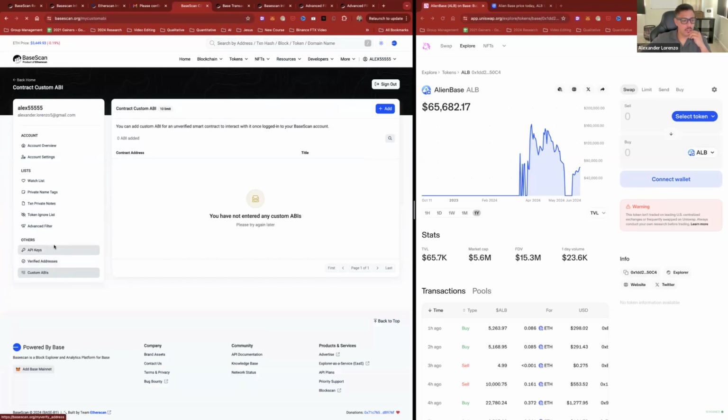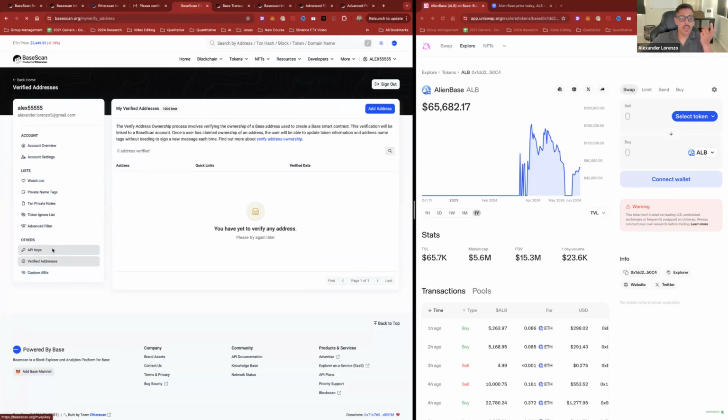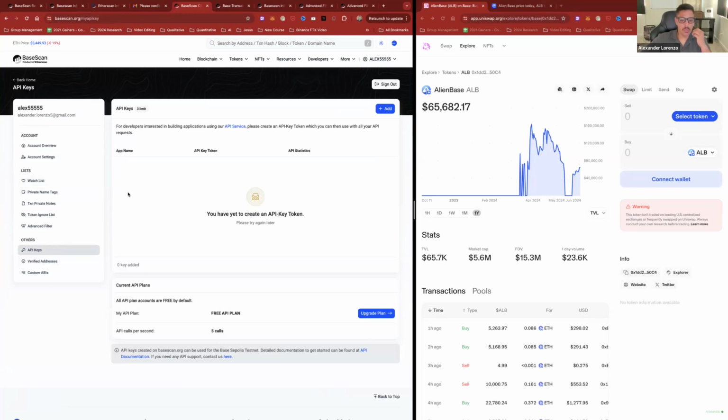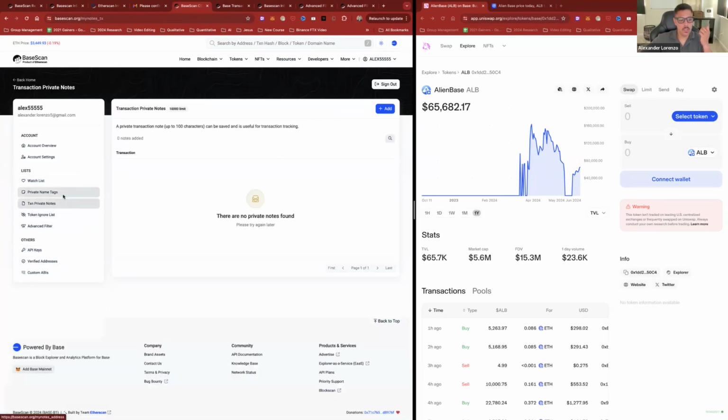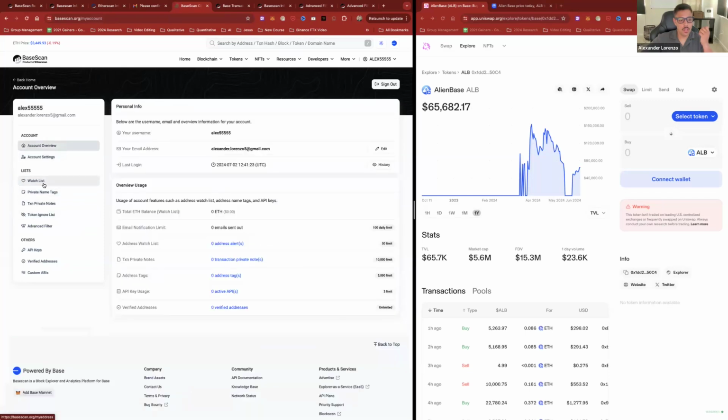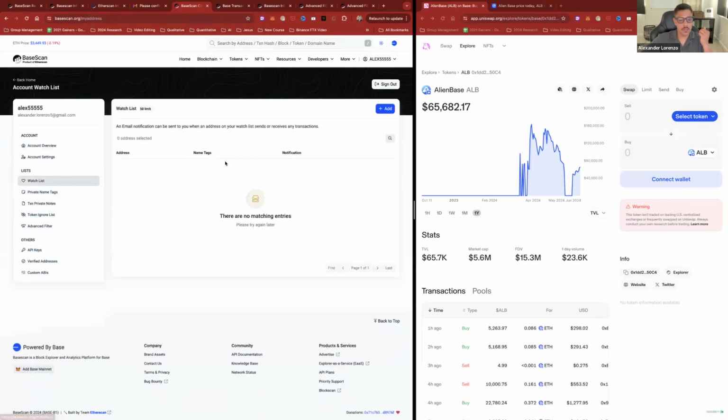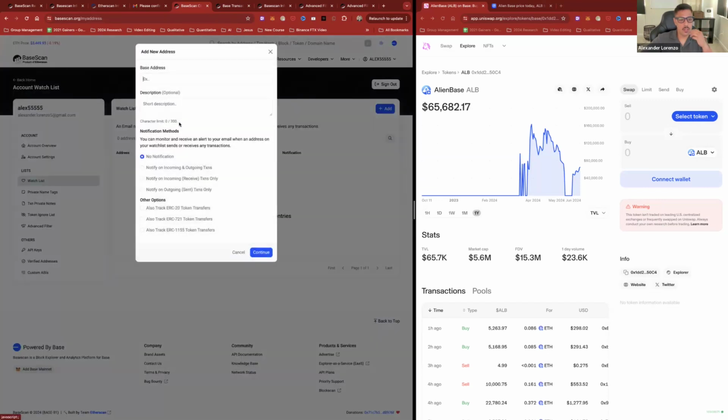Oh, verify attribute. Yeah, they have an API, so if there's an API, then we can 100% pull it onto an Excel spreadsheet. And we can have a watch list right here. You can add. There we go. Right here's the notifications. Notify incoming and ongoing transactions.